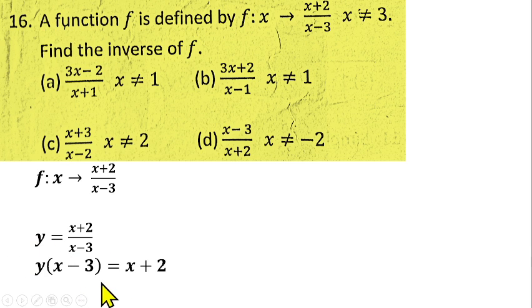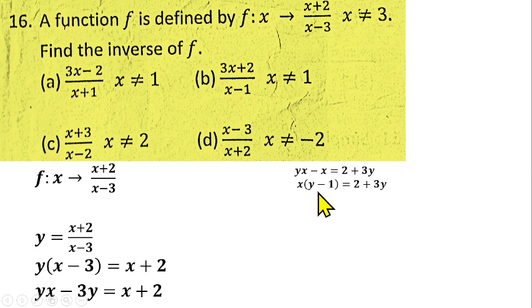And how do we do that? Cross multiply. So y multiplied by x minus 3 equals x plus 2. When you open the brackets, you have yx minus 3y equals x plus 2. Then collect like terms, so we'll be having yx minus x equals 2 plus 3y. Then you can factorize x here, so you'll be having x into y minus 1 equals 2 plus 3y.